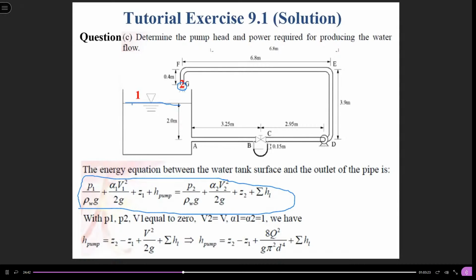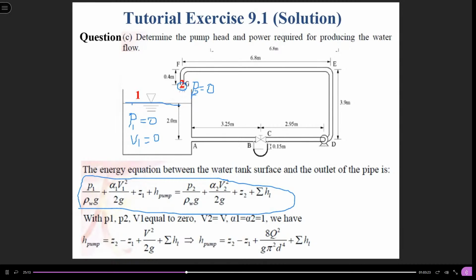And velocity at the water tank surface is also equal to 0. Right?